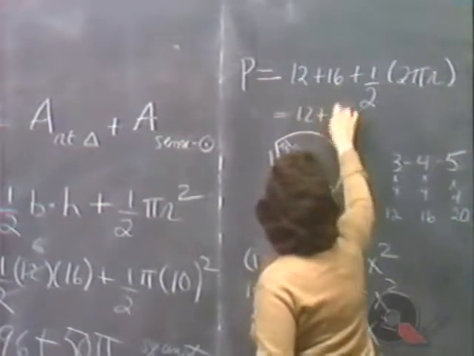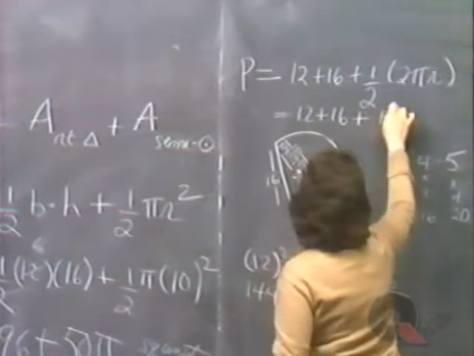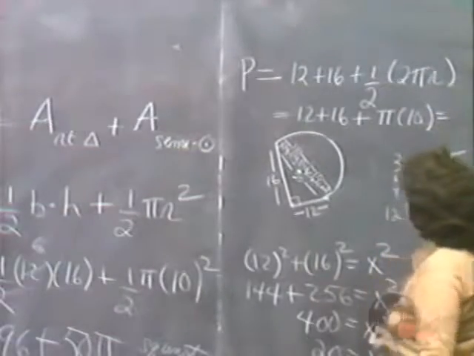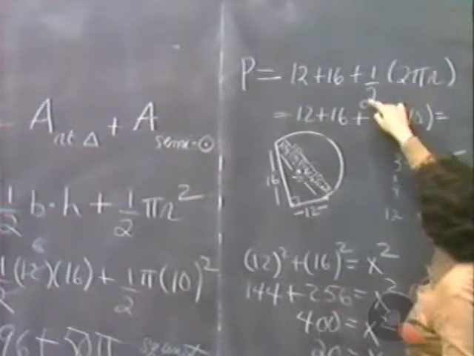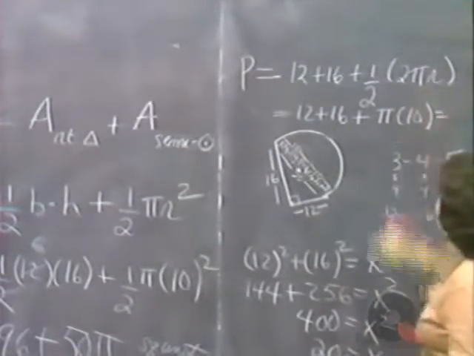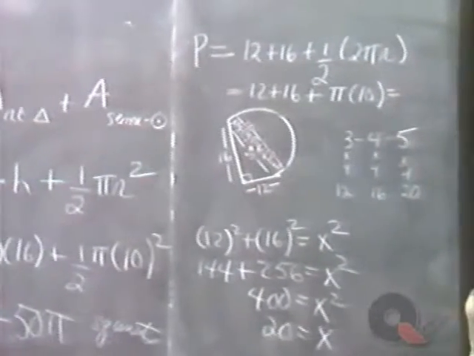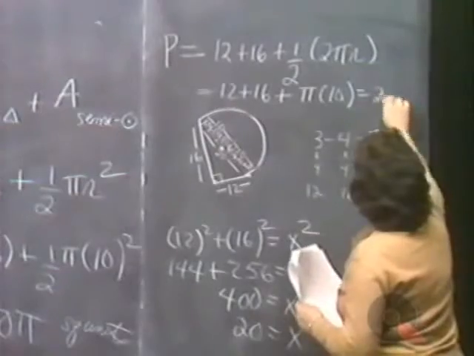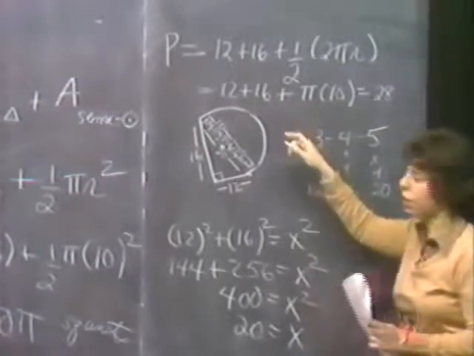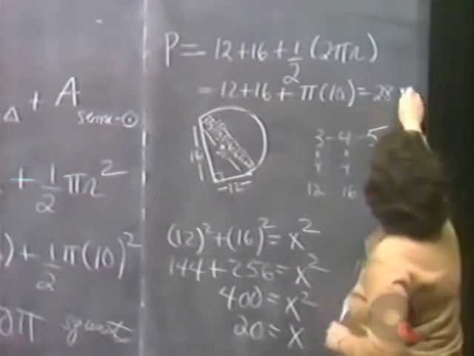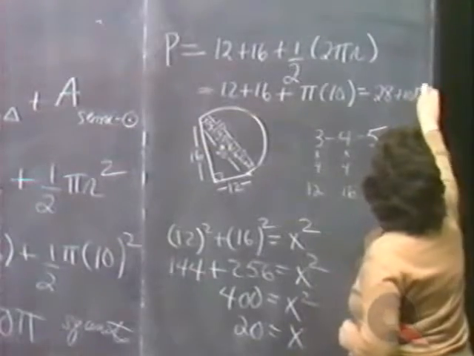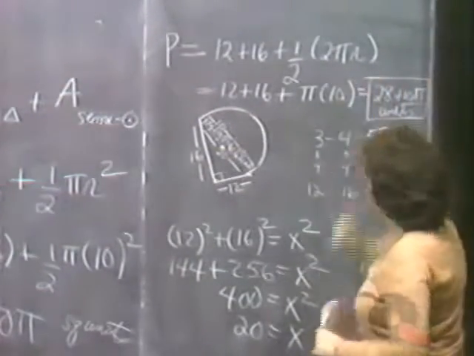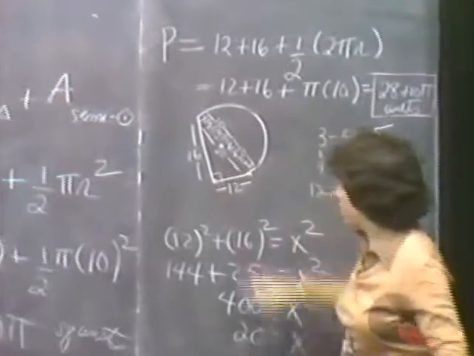That's 12 plus 16 plus pi r. r is 10. The 1/2 and the 2 cancel. We have here 12 plus 16 plus pi r, but r is 10, so we get 28, 12 and 16, plus 10 pi units for the perimeter of this figure.